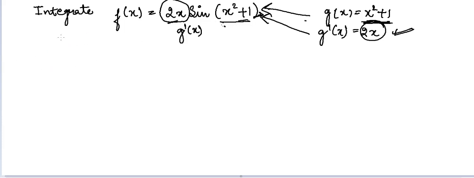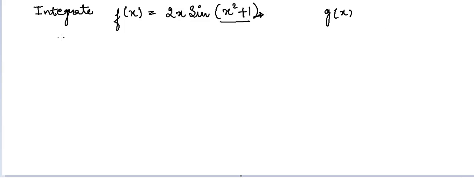Now how can you do the substitution? First we take let t is equal to x square plus 1. Now if you differentiate both sides, dt will be 2x dx.